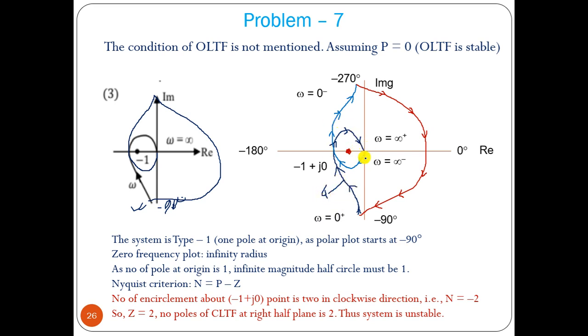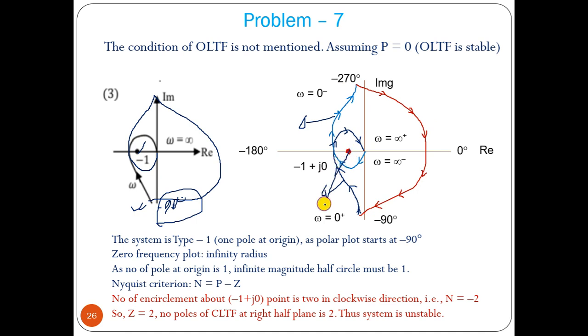Then we have this 0 radius plot due to the infinite radius in the Nyquist contour, then the inverse polar plot, then one infinite radius half circle, because we have a type 1 system, because it started from minus 90. Now this is your point that is given.